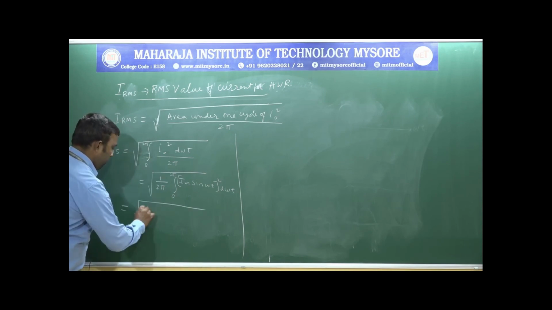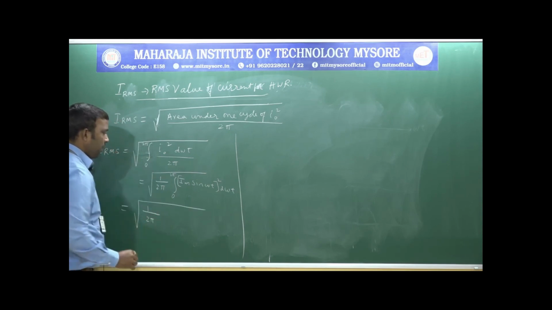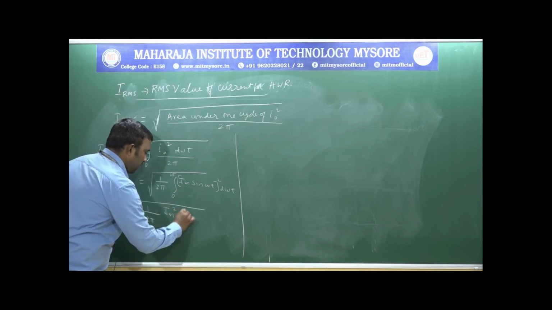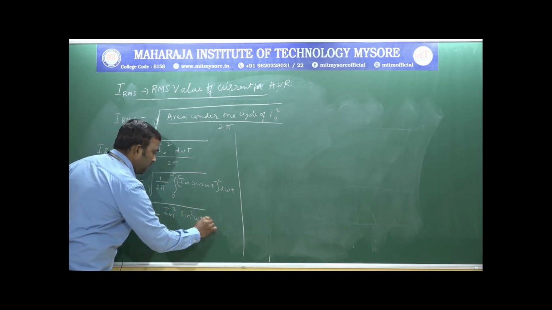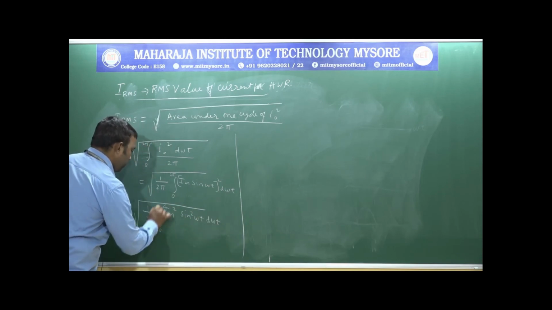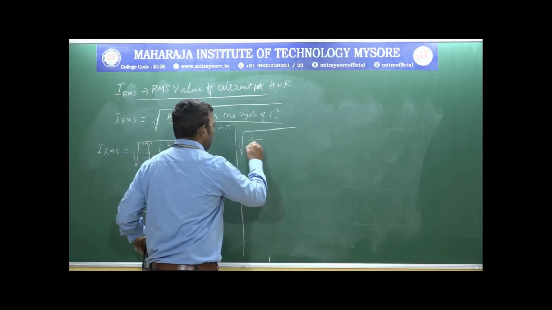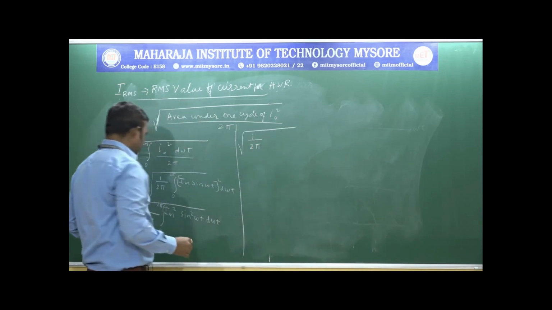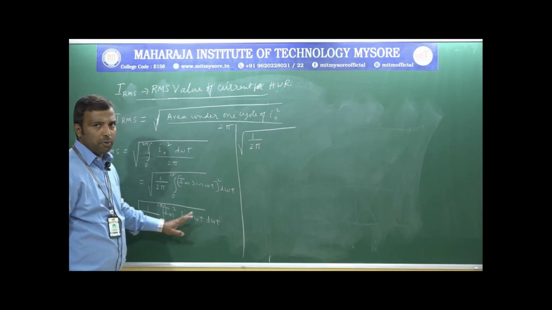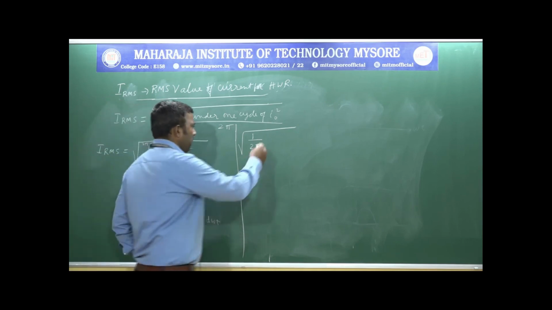Square root of 1 by 2 pi, and this is Im square sin square omega t d omega t, integration from 0 to 2 pi, split as 0 to pi plus pi to 2 pi.